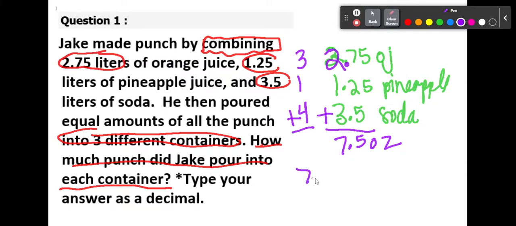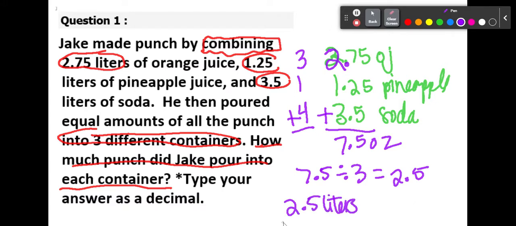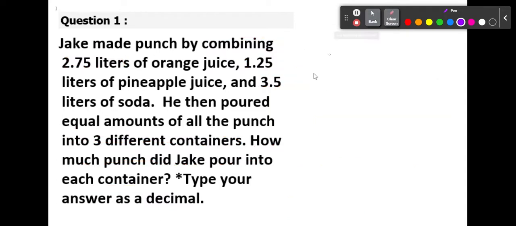So my next step is 7.5 divided by 3, and that gives me on my calculator 2.5. So how much punch did he pour into each container? 2.5 liters. So make a simpler problem with the numbers to help you figure out what you do with the numbers in the problem. Okay.